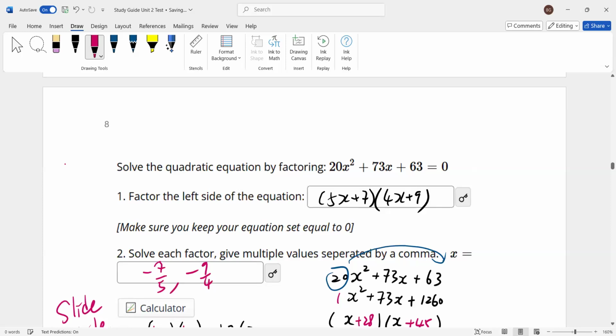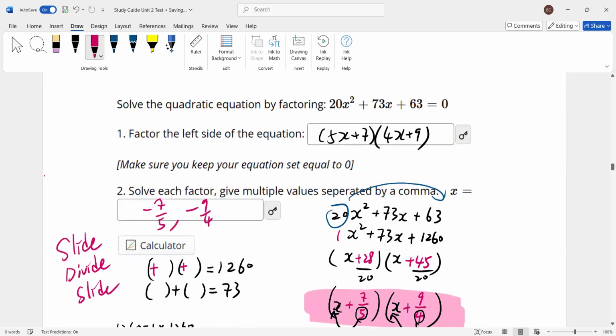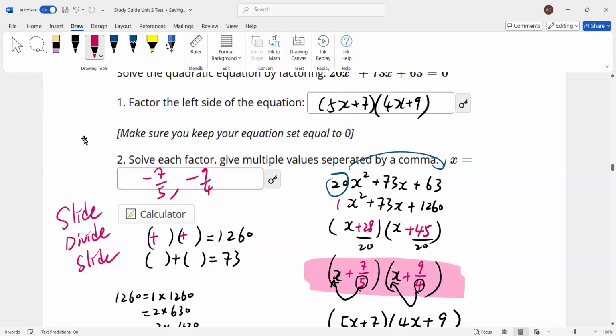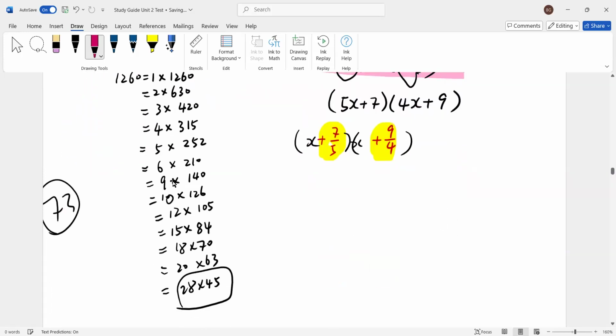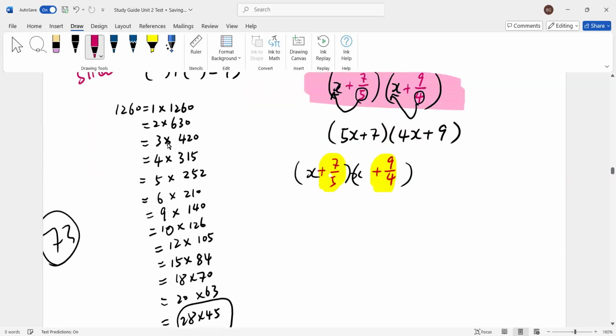So if you have a better method to factor the left side, of course, you're welcome to apply it. If you don't remember much about factoring a quadratic trinomial, try the slide divide slide method. It might take a little bit longer, but if you time yourself, it's not a very long time.